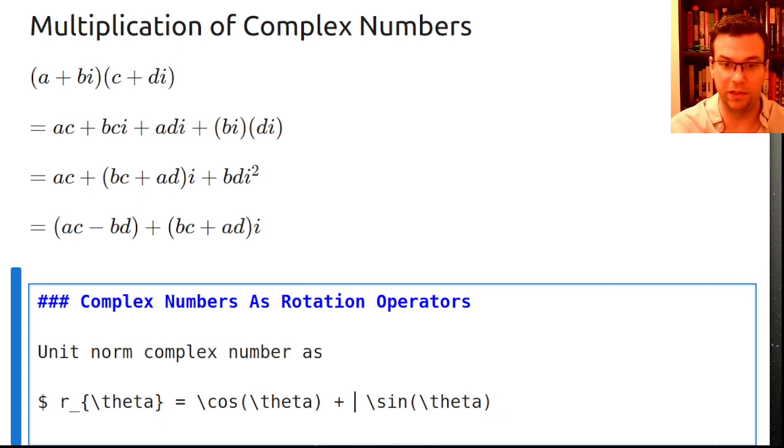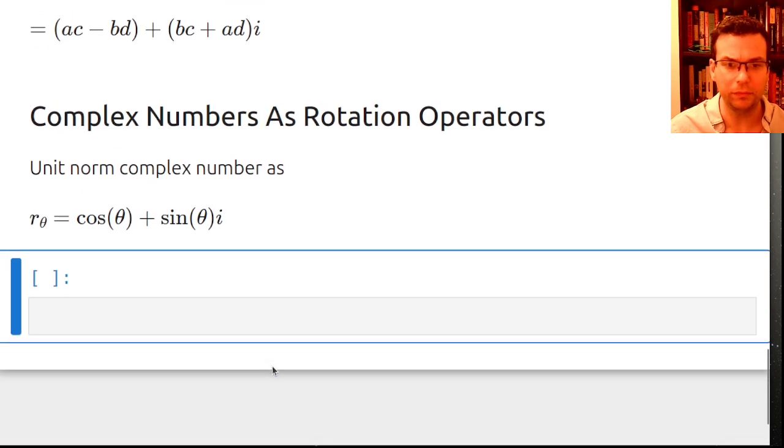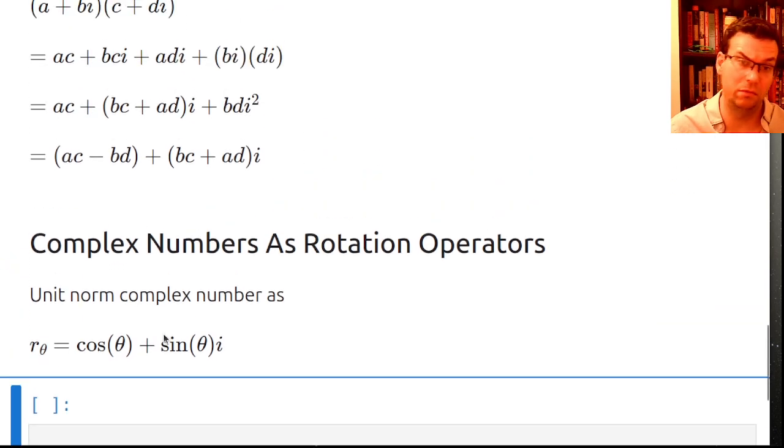Or I guess if I'm being consistent here, I'll say sine of theta times i. Okay. So there's my complex number. And let me just say, okay, that's my first complex number.